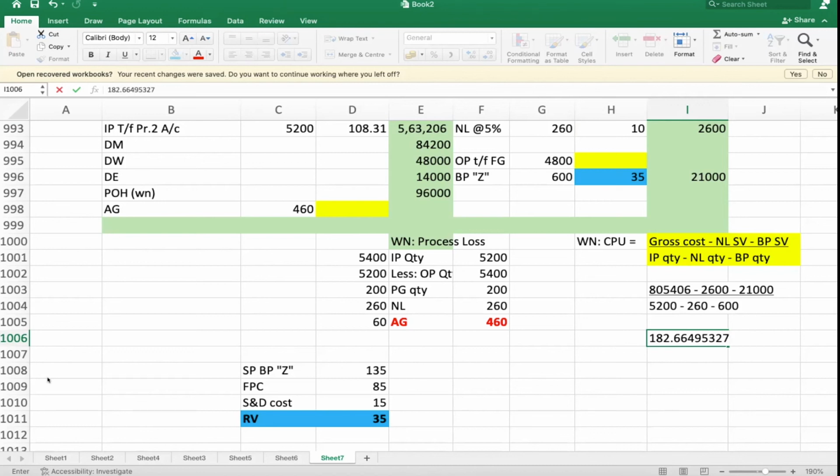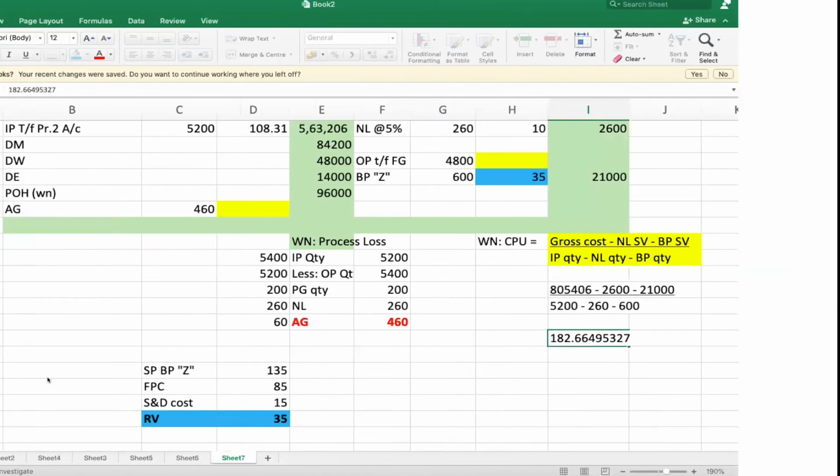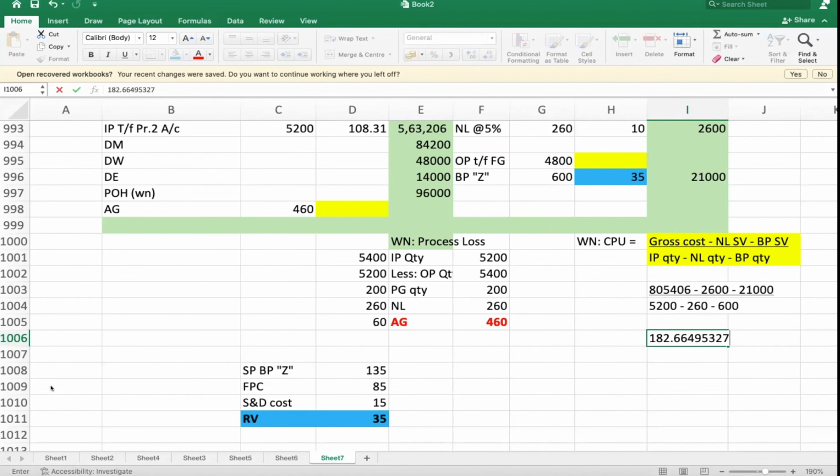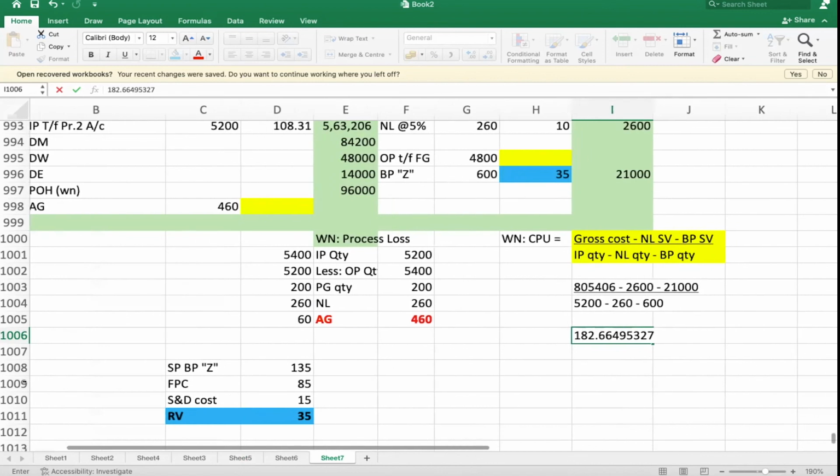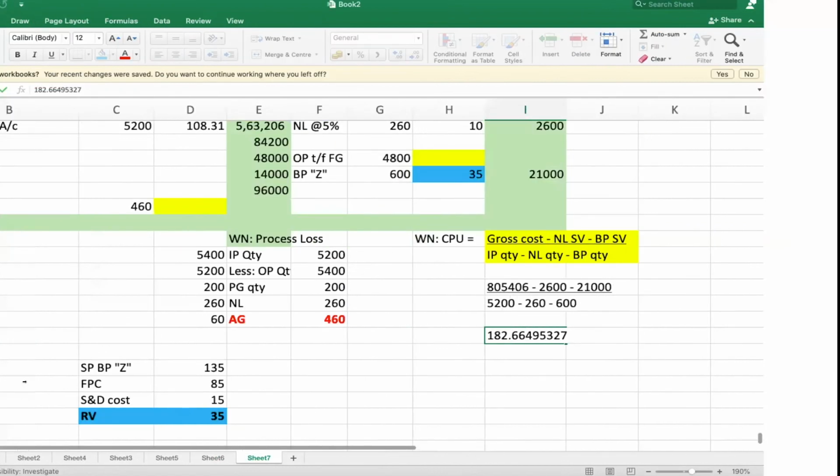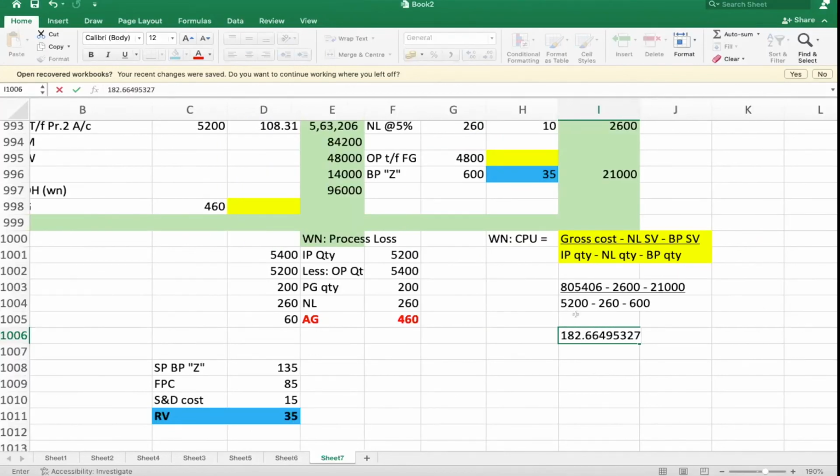I think it's not a correct one. Check it up once again. Sir, I am getting 180.1396. Both are using different calculators, that's why. Okay, use the same company calculator.